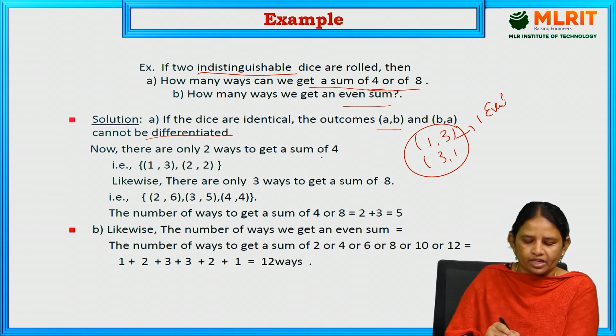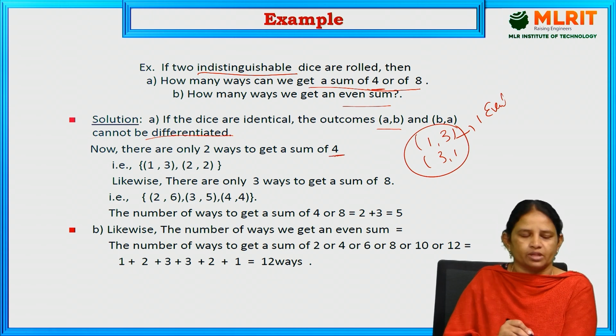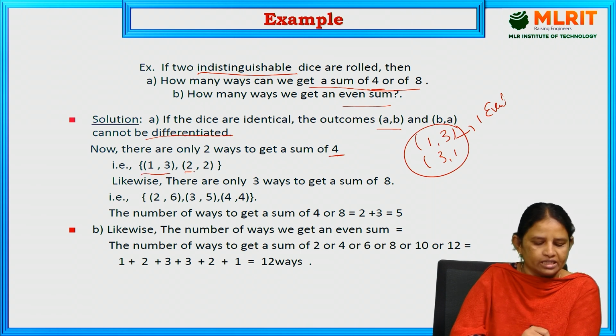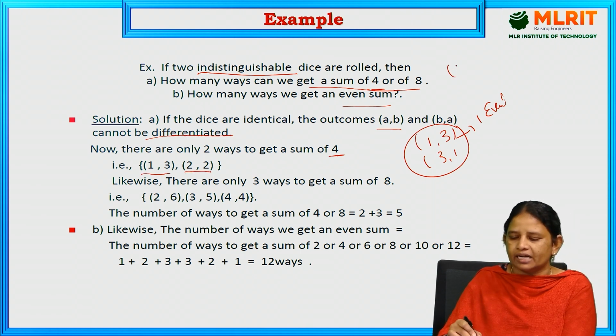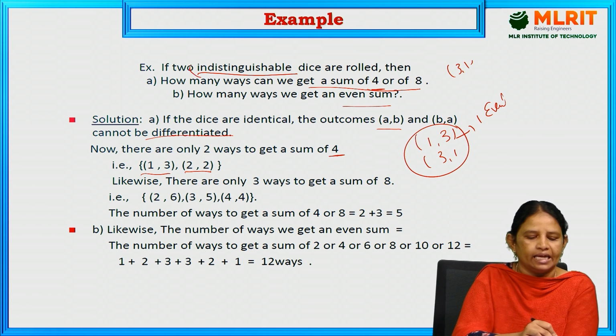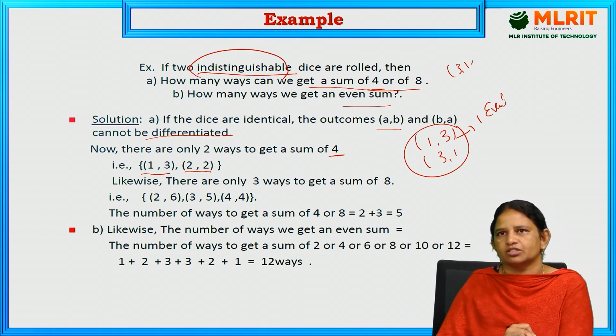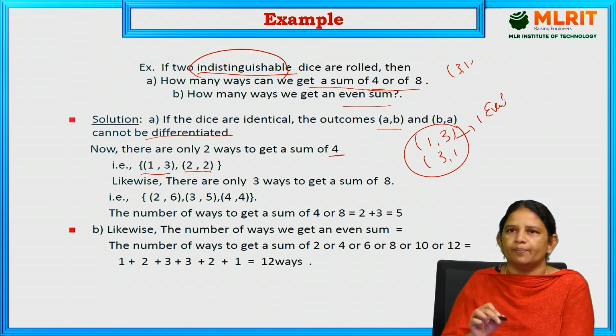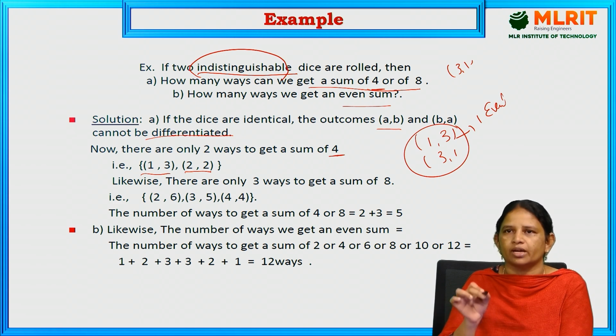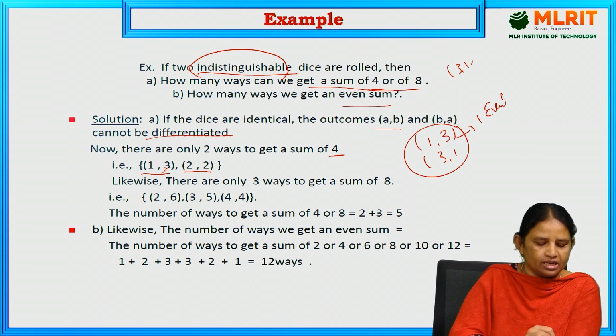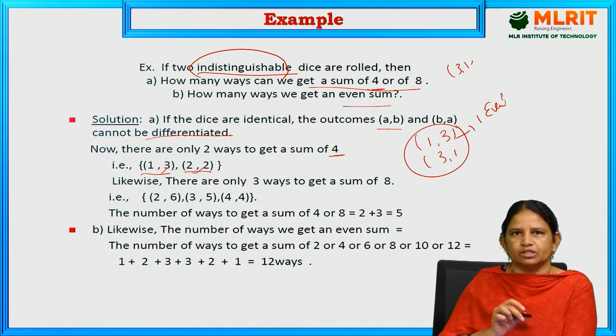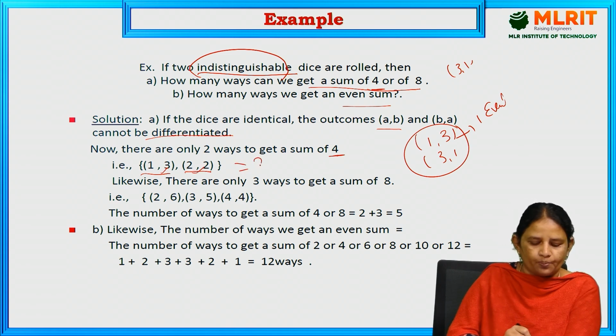So, how many ways can we get a sum of 4? That means 1, 3 or 2, 2. But don't write 3, 1 because it is indistinguishable dice. You can write the event only once but not twice. That is 1, 3, and another one is 2, 2. That is two possibilities.